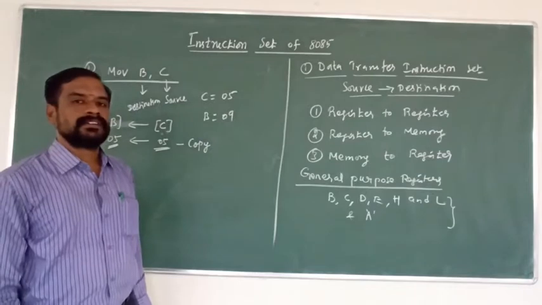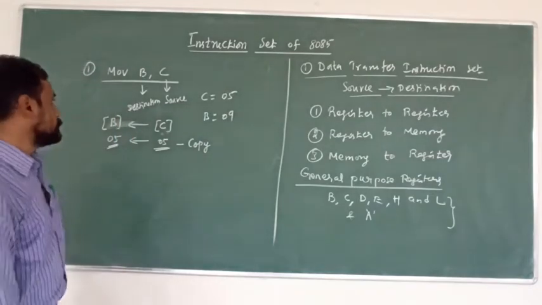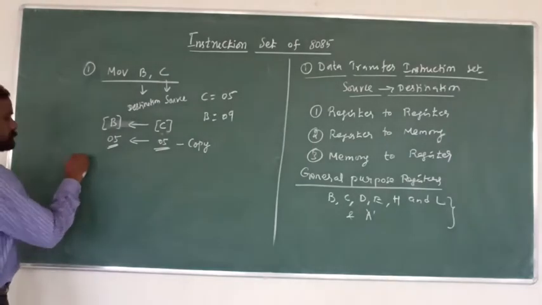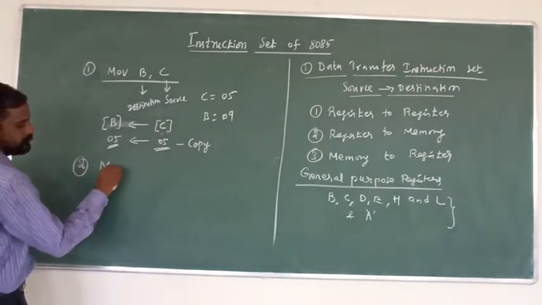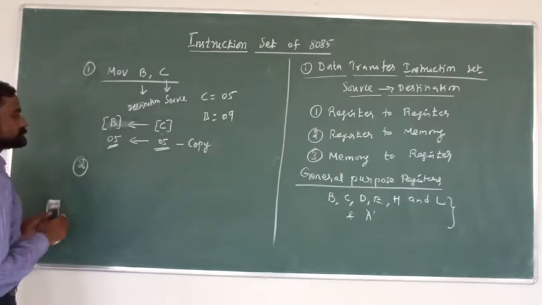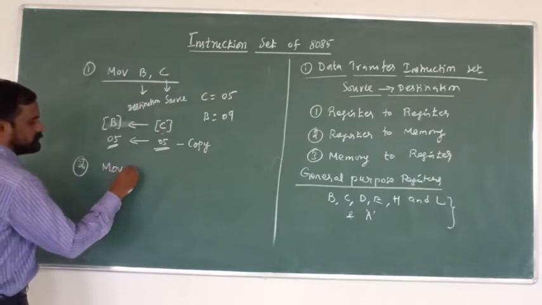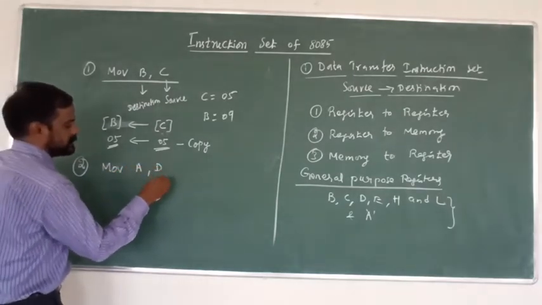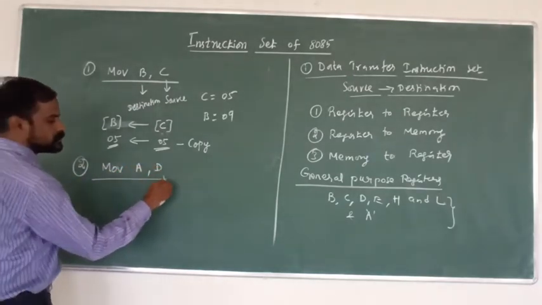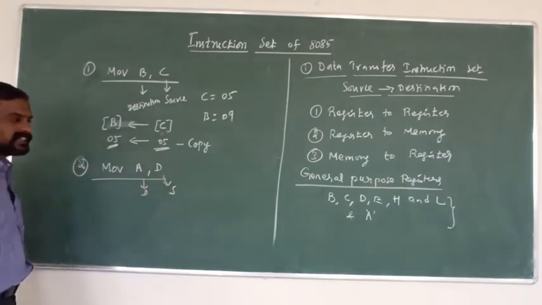Okay, to transfer the data between any two registers. Second example, MOV A, D. This is the source and this is the destination register.